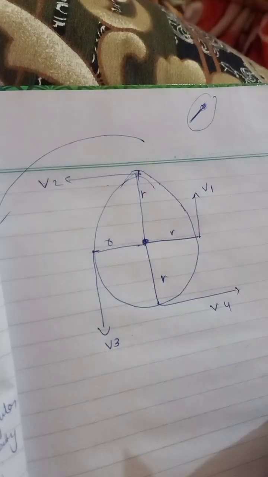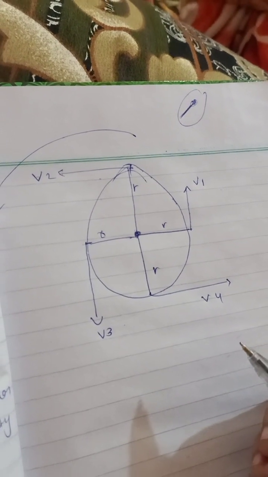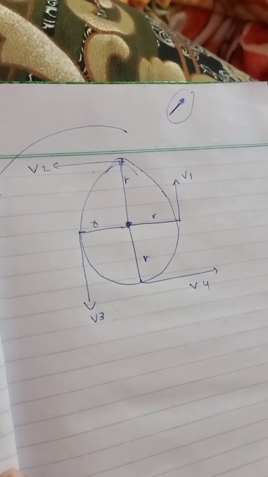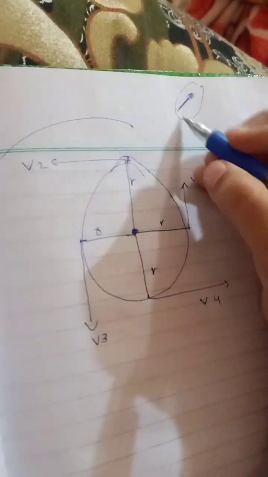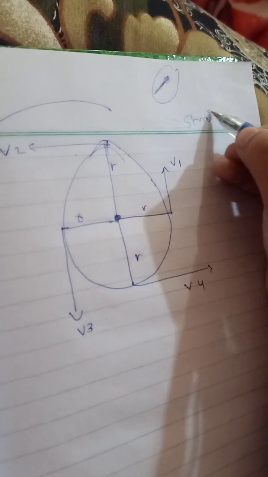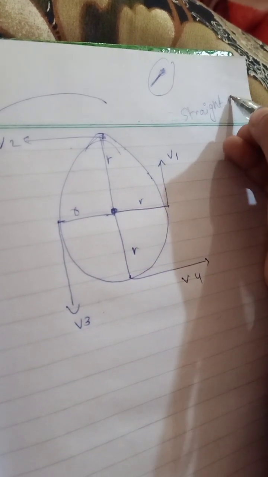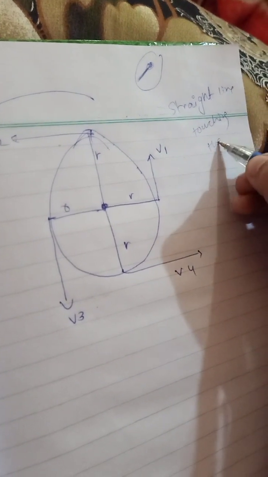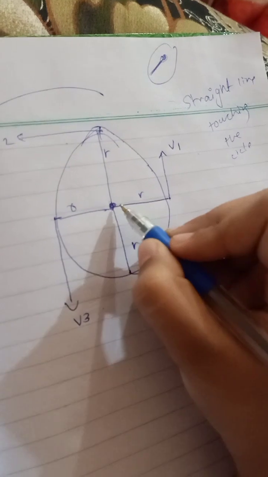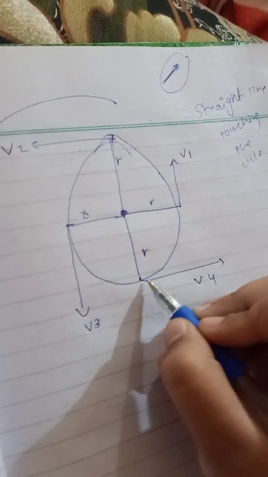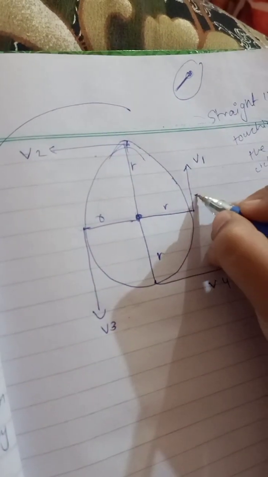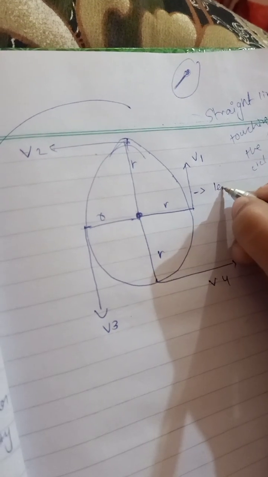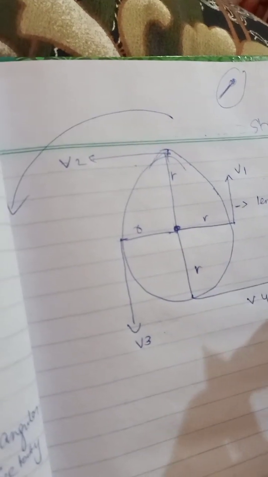Okay, so this is the tangent velocity. What does it mean? Tangent velocity means a straight line touching the circle. This is a straight line touching a circle, so we can say that it is a tangent velocity.